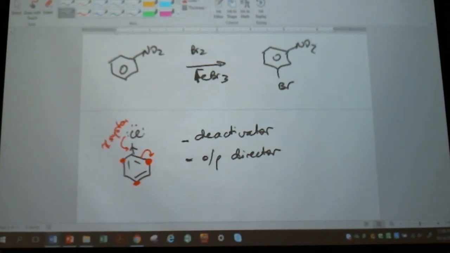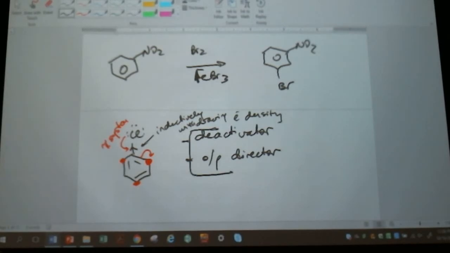But inductively, it's withdrawing electron density. And so they're weird in that most activators are ortho-para directors, most deactivators are meta directors, but this is somewhere in between. I'm a deactivator but ortho-para director. And that is true for all halogens.